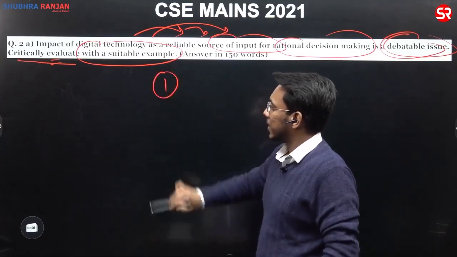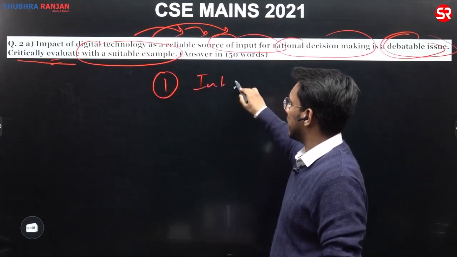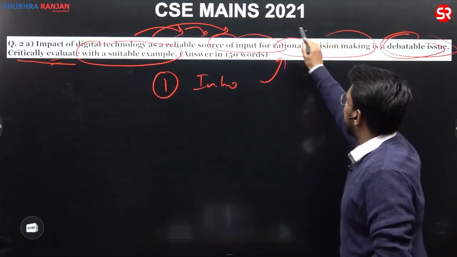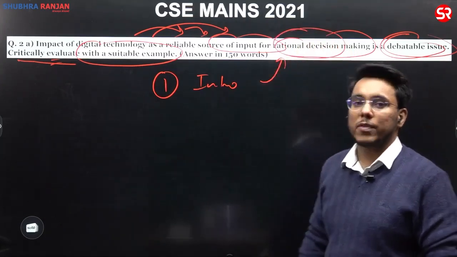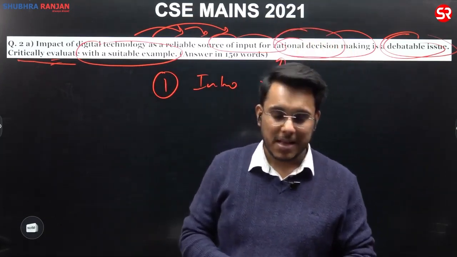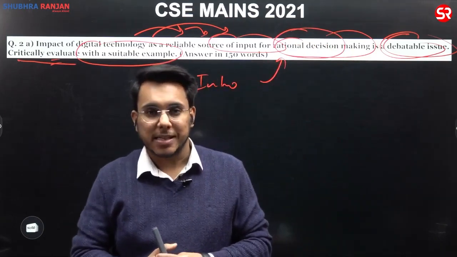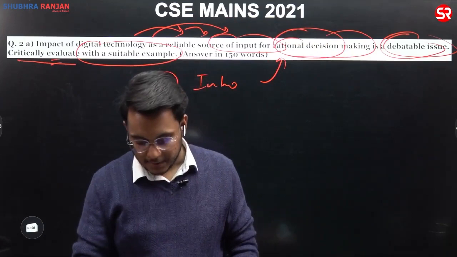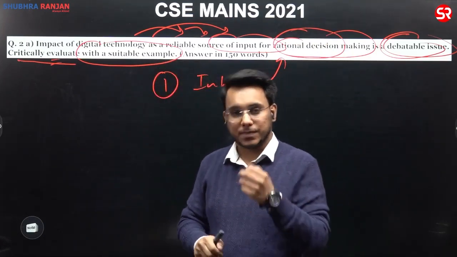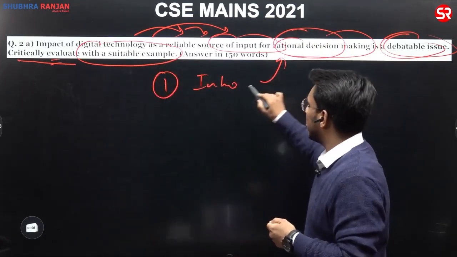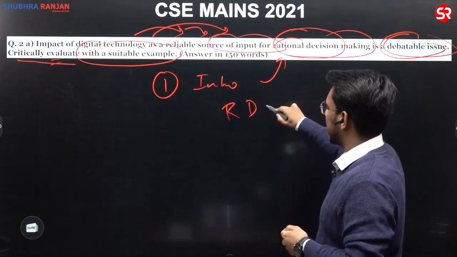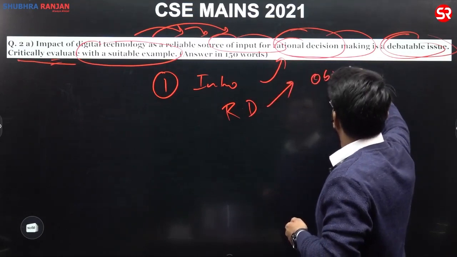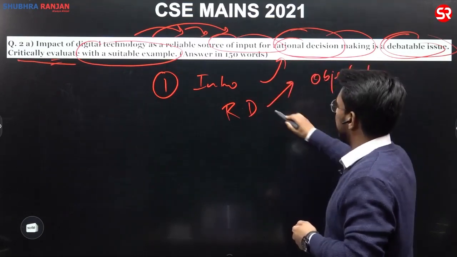Number one thing, in your introduction, first of all, you can define what we mean by a rational decision. A rational decision can be described as a decision which has certain core characteristics. Number one, a rational decision needs to have an element of objectivity.